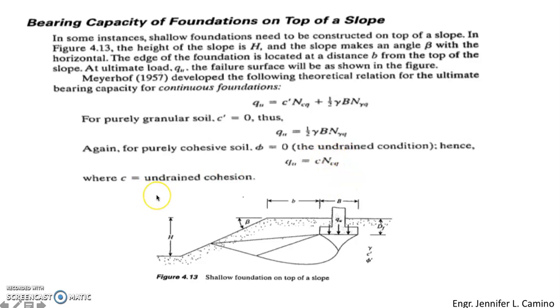Of course, c refers to undrained cohesion. For this one, we have to be familiar with the parameters present. So we have our H, our beta, our small b, and of course capital B. You have the ultimate bearing capacity, the depth of embedment, and other parameters such as the unit weight, cohesion, undrained cohesion, and of course the angle of friction.